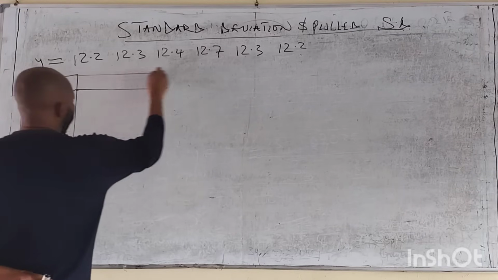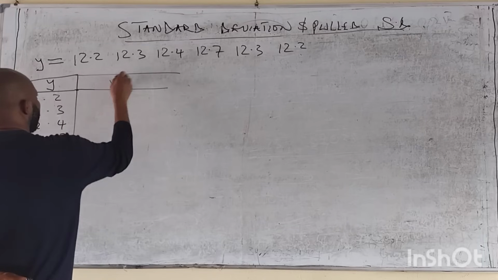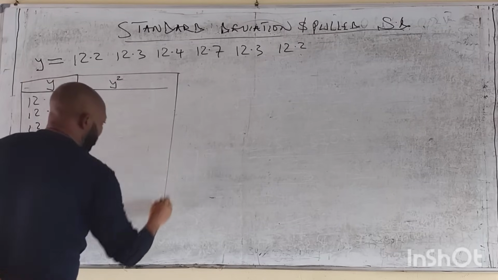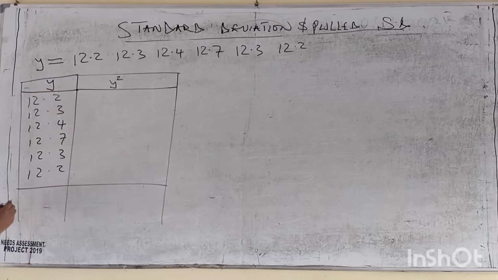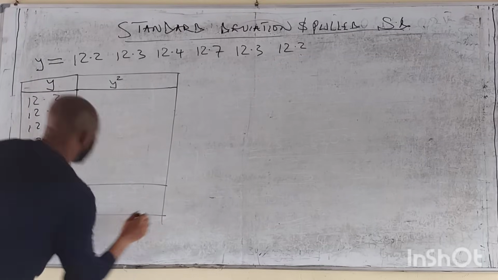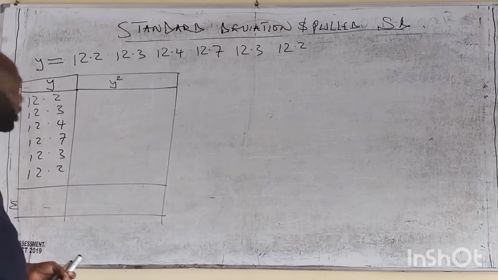We have our y squared, and the summation down. So this is our summation. Now let's see, we have to square all of them.